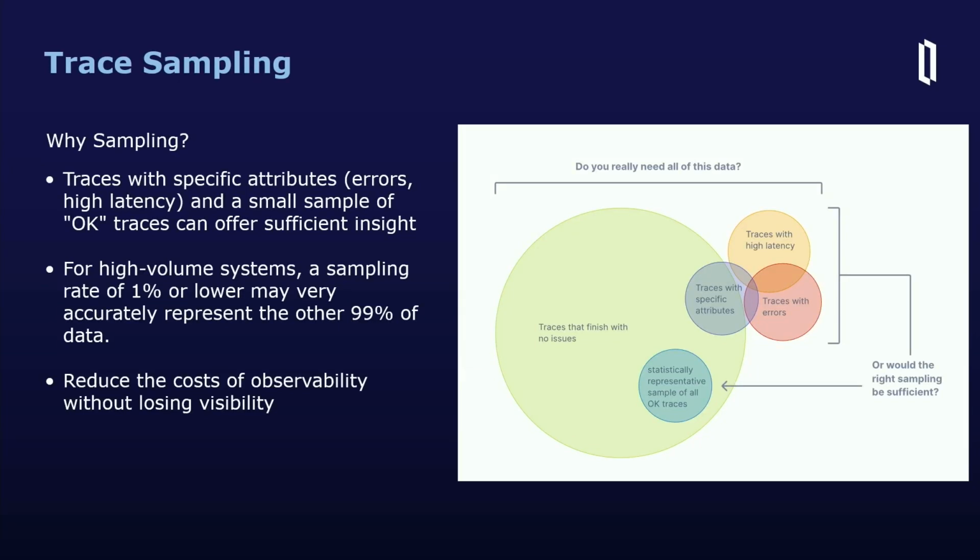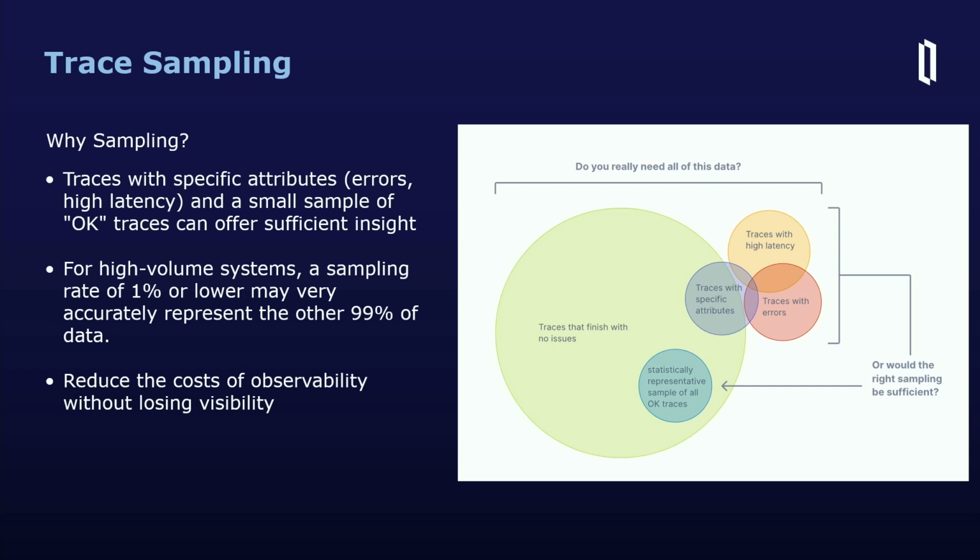And the next feature I will talk about is trace sampling. So why we need sampling? Because we might not need all the data from the traces. We might only need traces with specific attributes, for example, if it has errors or it is high latency, and we only need a small sample of those traces to offer the insight.